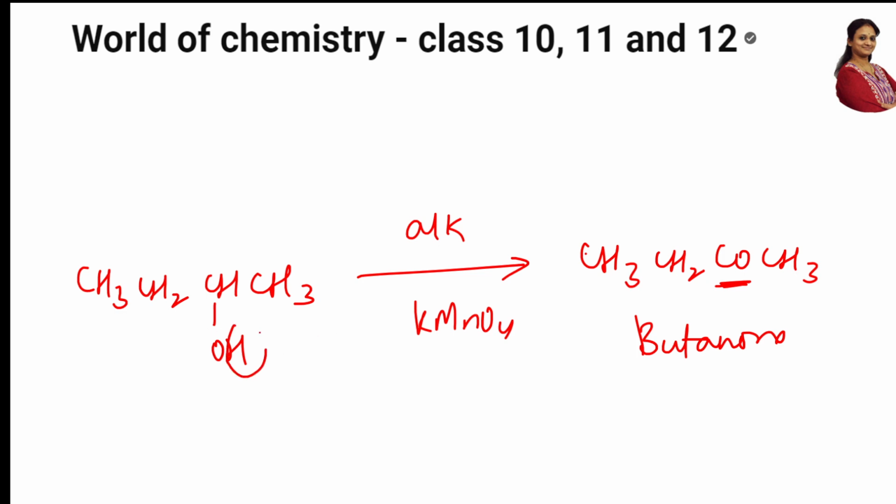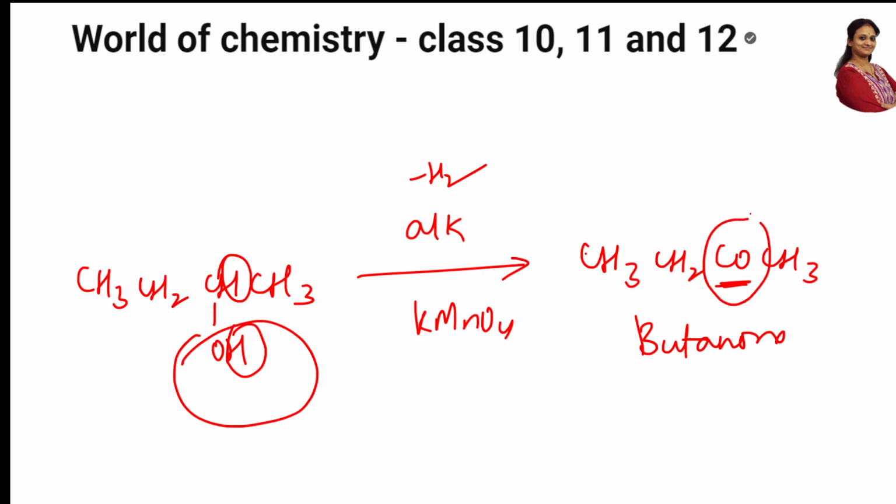So hydrogen from here is removed and you get a ketone. Wherever the OH group is, there only your CO group should be. So butan-2-ol got converted to butanone. Very easy. Chalo, next question, students.